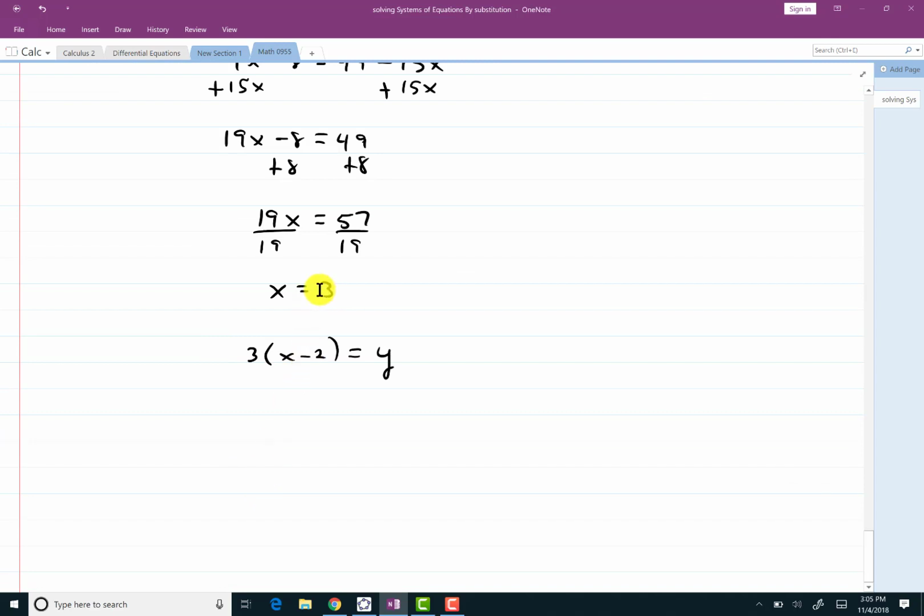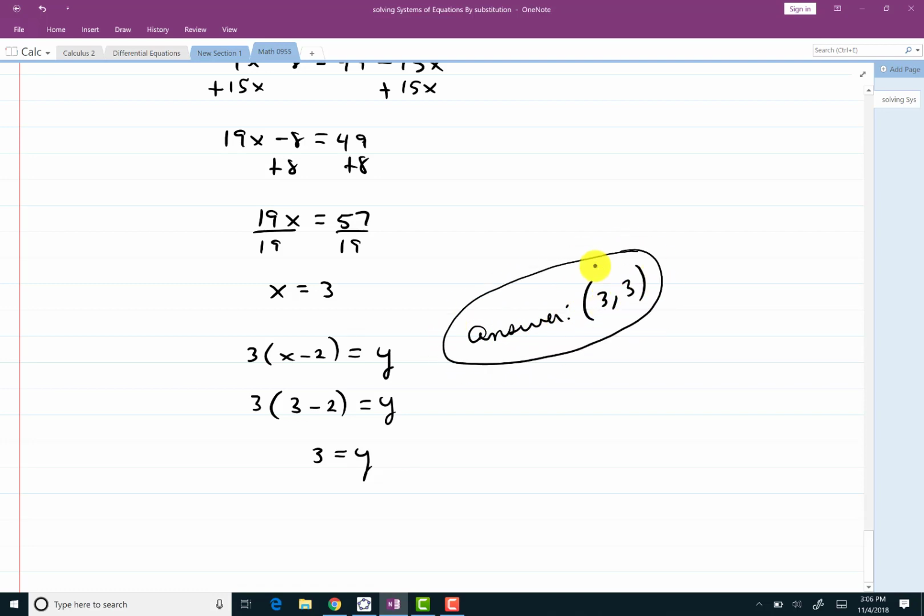So in this equation, I will replace the x with 3, so I get 3 times (3 minus 2) equals y. 3 minus 2 is equal to 1, so it looks like 3 equals y as well. So my answer is (3, 3). Another one that could have been solved by graphing.